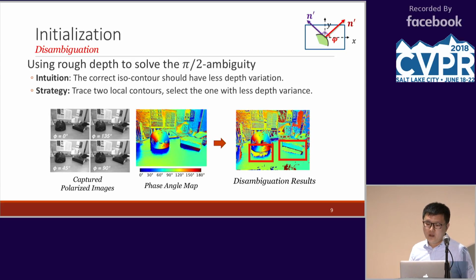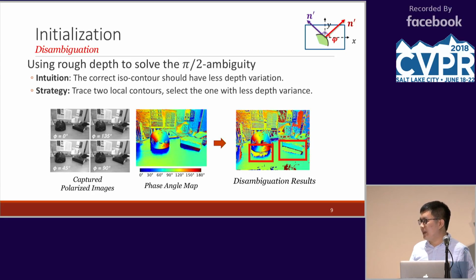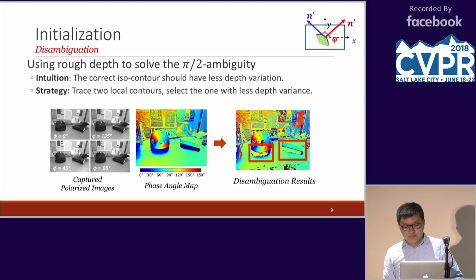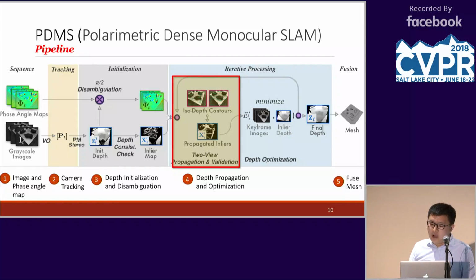Specifically, we apply a local method where we first trace two isodepth contours along two directions, and we select the one with less depth variation. This method is very fast, but it has some noise, as you can see on the right side. After the initialization, we start to propagate the depth map.